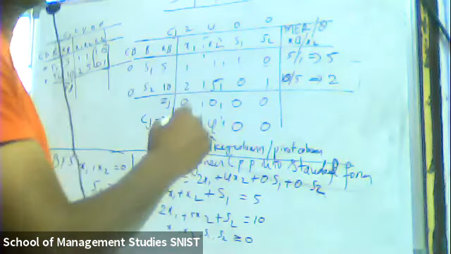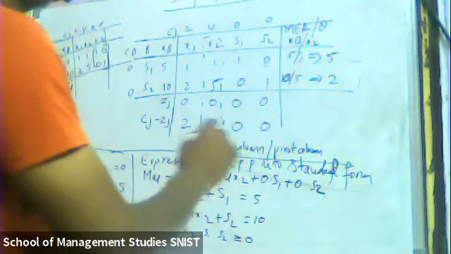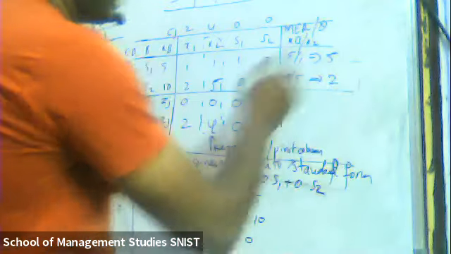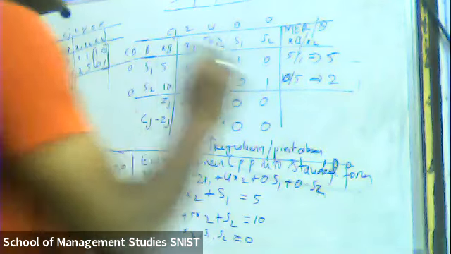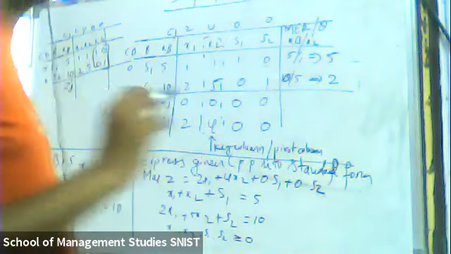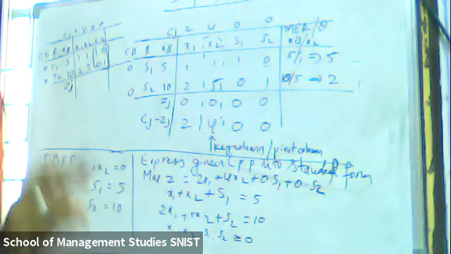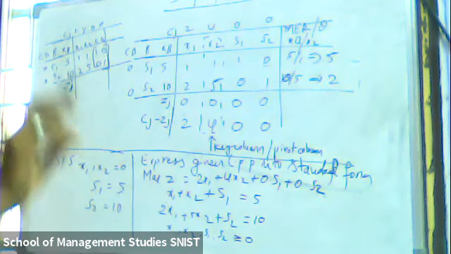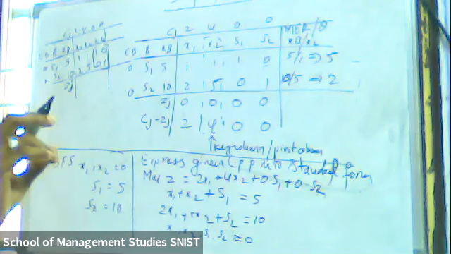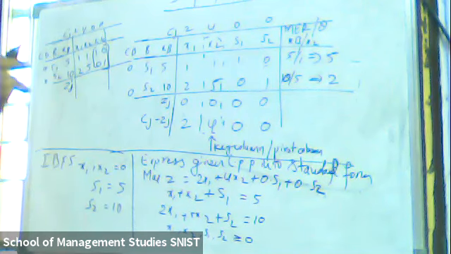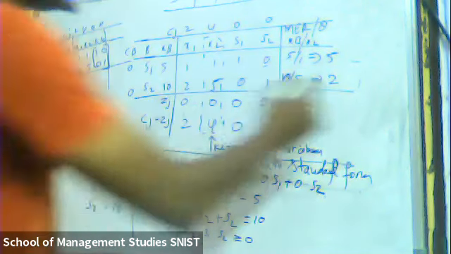Now, to identify the key row, right? And one more thing, if you get any negative value, no need to consider. If you get zero value, no need to consider. Positive value only and not zero. Even if it is 0, we are not considering that.